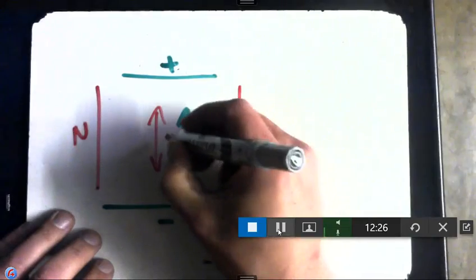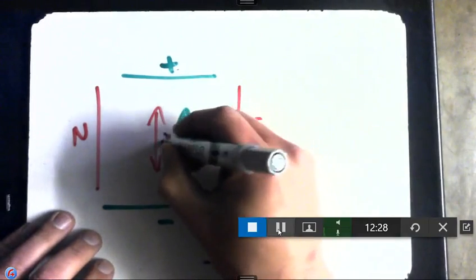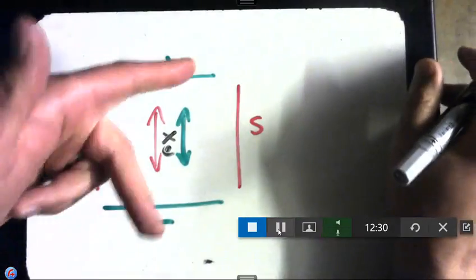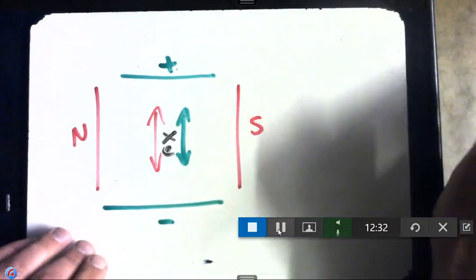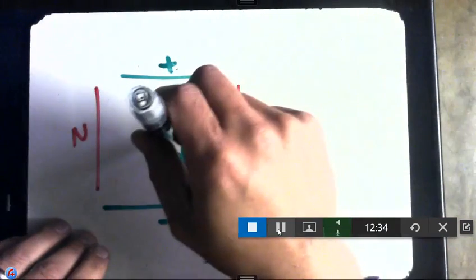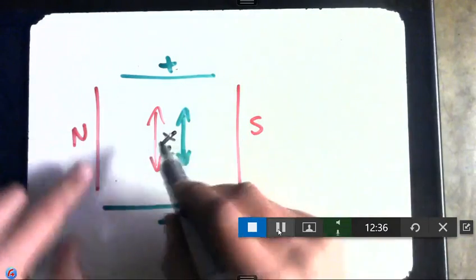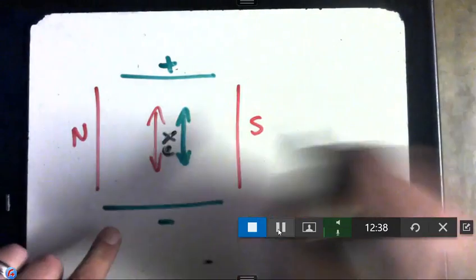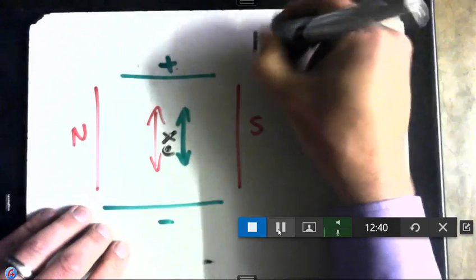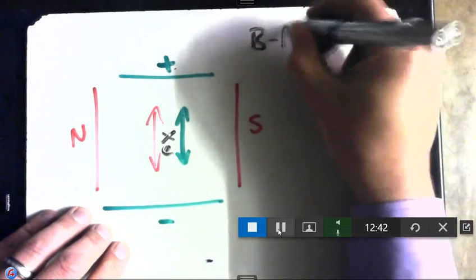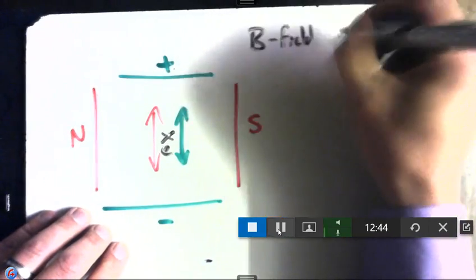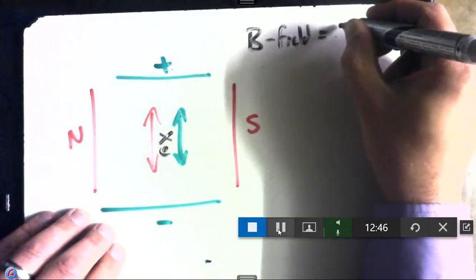Let's make this an electron, and let's rather say it goes into the field just to make it a bit easier. If it comes straight out, right in the middle through these plates, that means that the B field is equal to the electrostatic field.